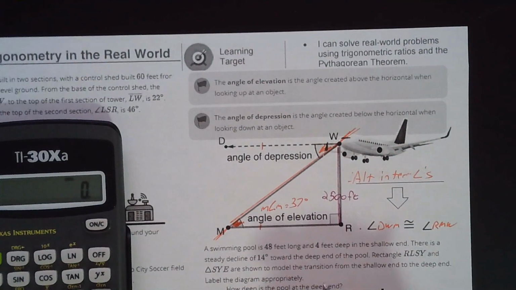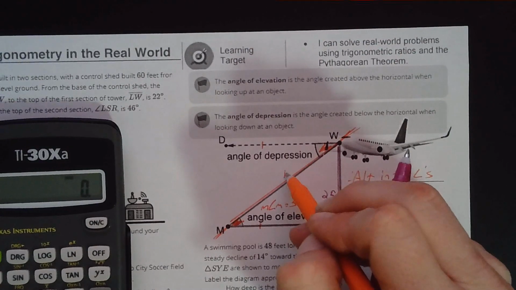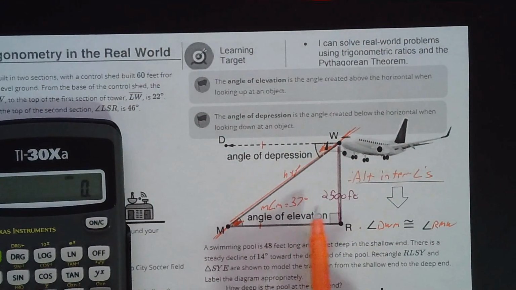Okay, so now we would have to set this up. What function would we need to use? Well, we have the measure of angle M. We need to figure out this line. This line is opposite of the 90-degree angle, so that is the hypotenuse, right? This is the hypotenuse, and this is opposite of the 37-degree angle, or theta, if you will.